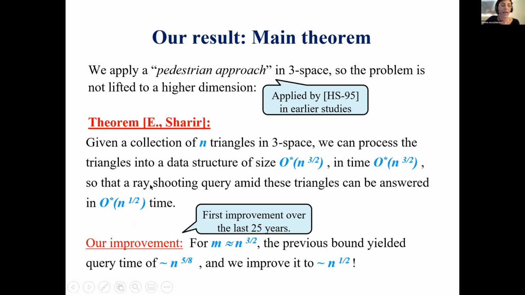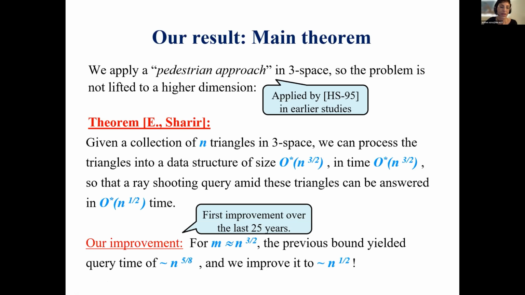And what Micha and I managed to show is that for such a collection of n triangles in 3 space, we can obtain a data structure of size and pre-processing of n to the 3/2, such that ray-shooting queries amid these triangles can be answered in time about a root of n.